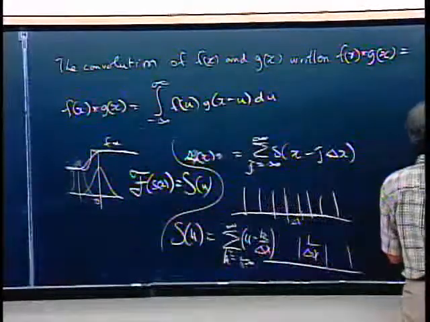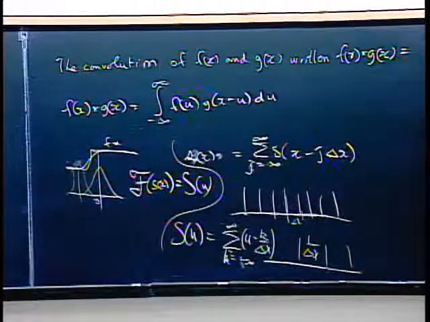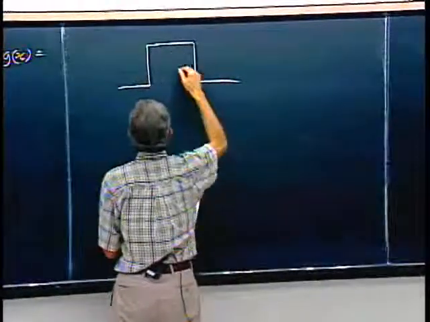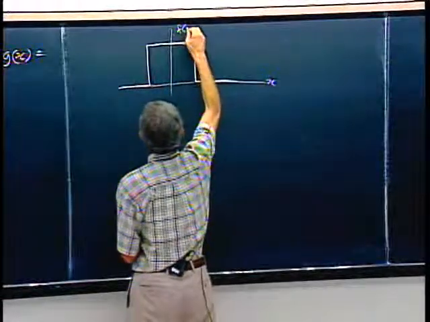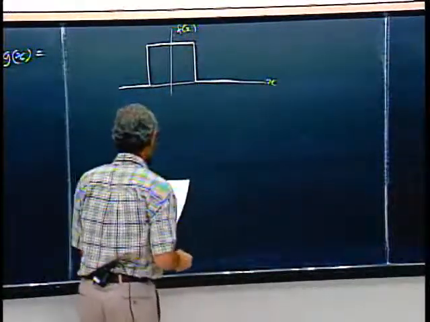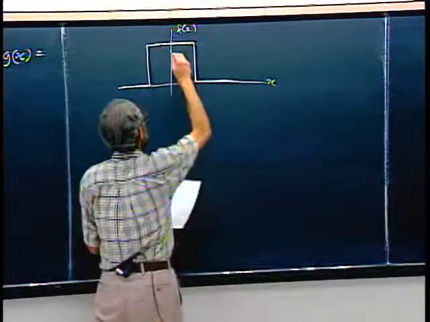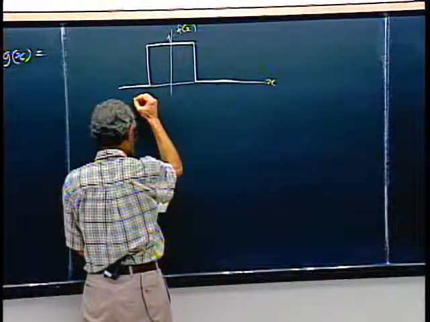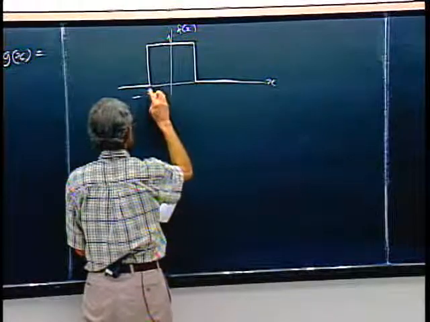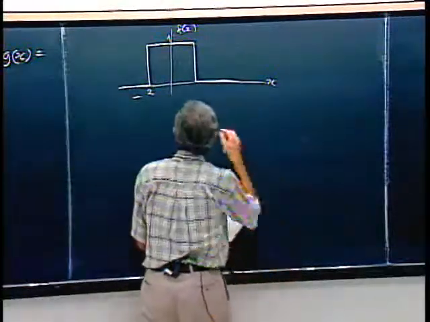And suppose we take a Fourier transform of a function which is like that. So here is x, and here is f of x, and this thing is going to have height 1 here, and then go to 0 at minus capital X over 2 and plus capital X over 2. Capital X is the width of the pulse.